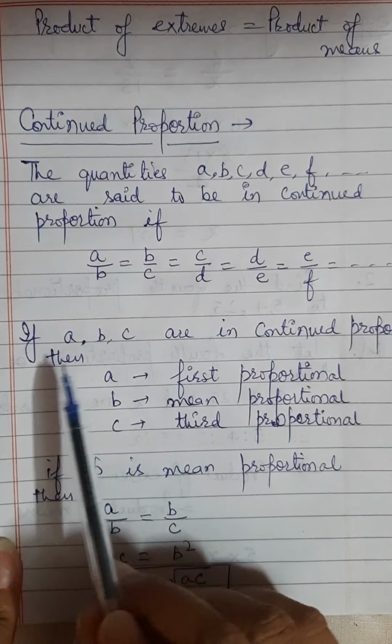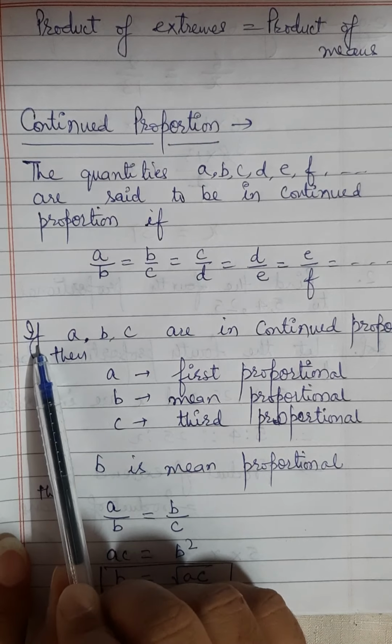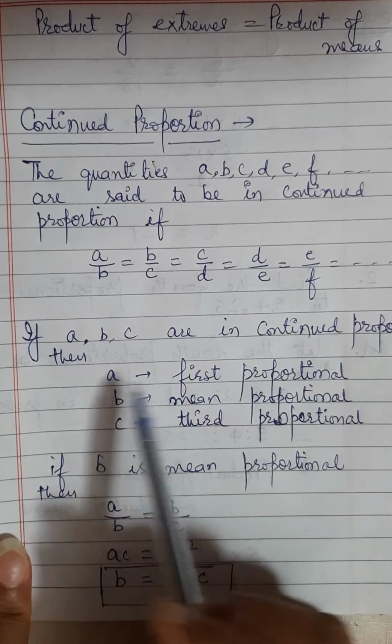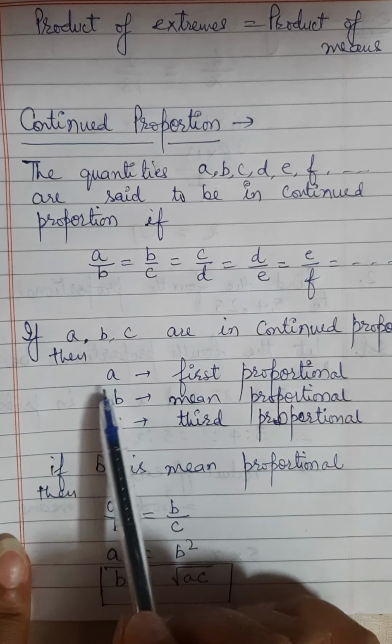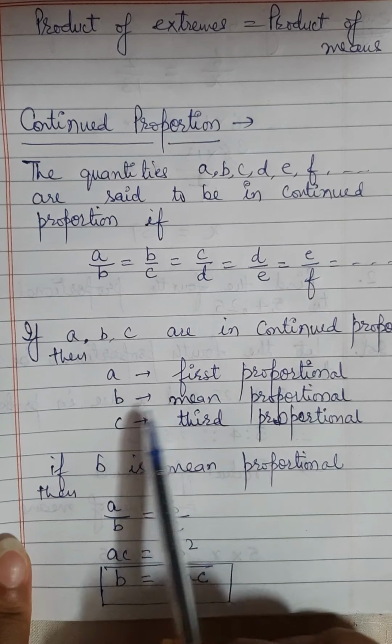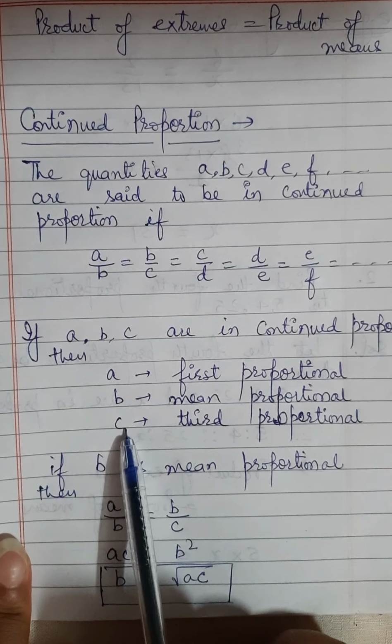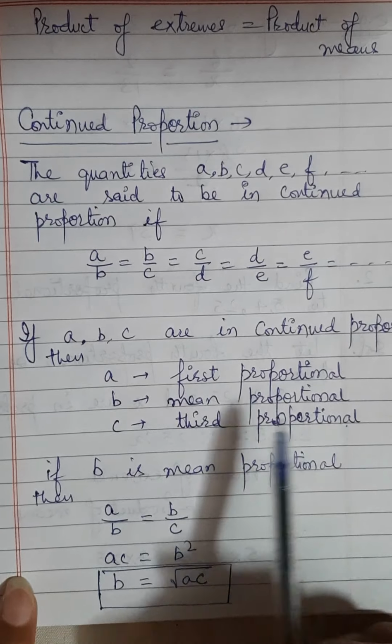Now some rules for continued proportion. If A, B, C are in continued proportion, then A is called the first proportional, B is called the mean proportional, and C is called the third proportional, right?